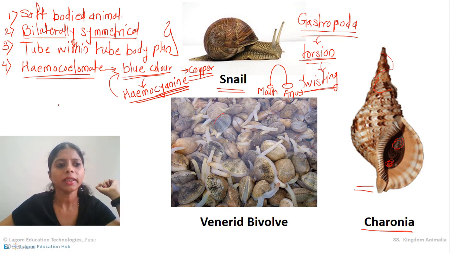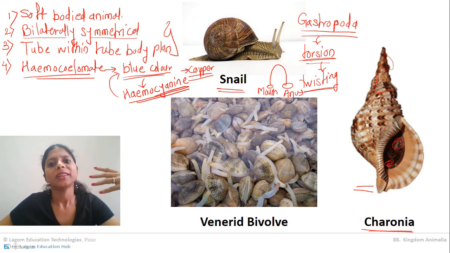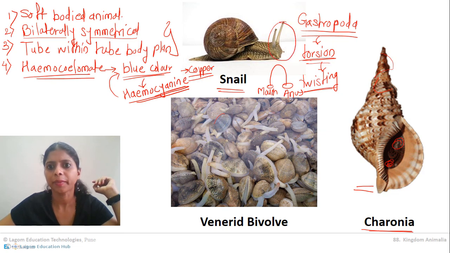Now let us shift to the next characteristic: special body structure. When we consider this animal, its body is divided into 3 parts. In snail we can clearly understand. One part is the head.